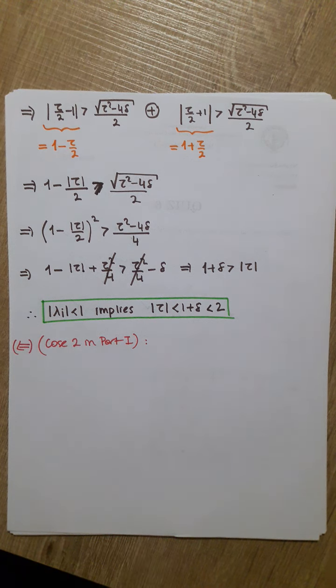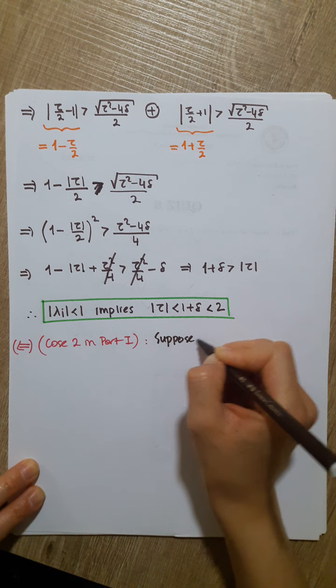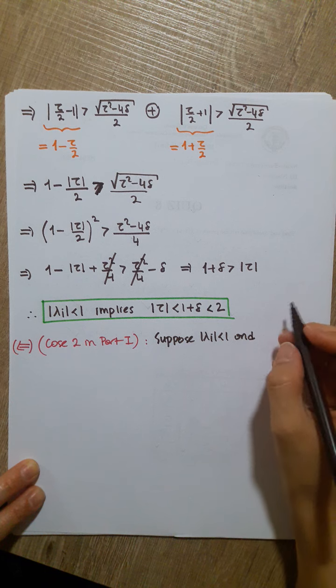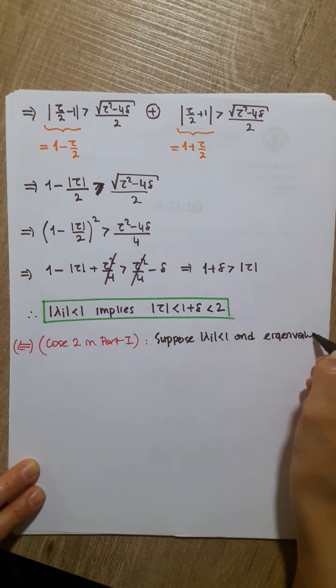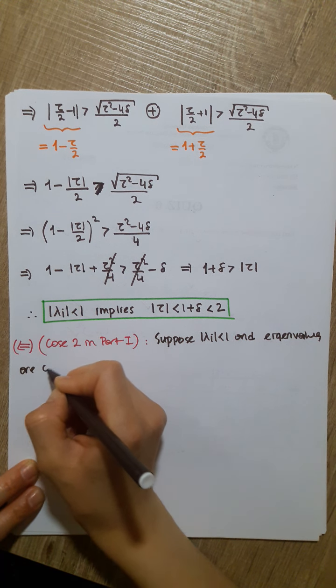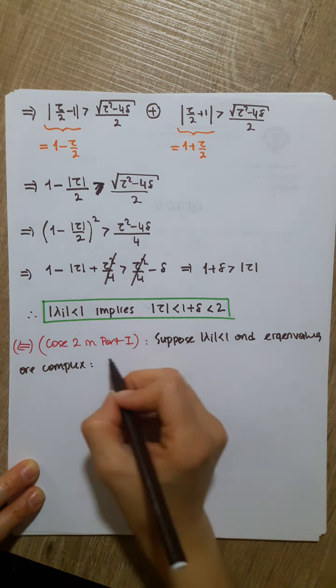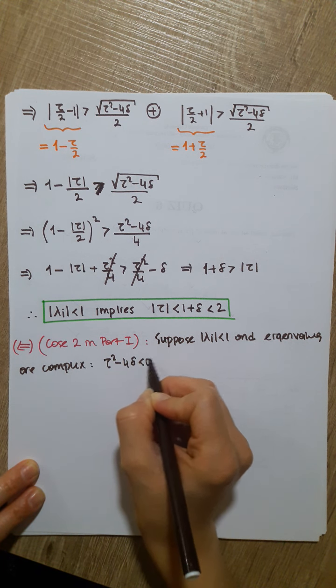Which means, again, we assume that here, suppose lambda I is less than 1 and eigenvalues are complex. Which means the term in the square root is less than 0.